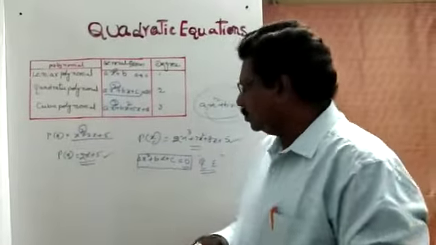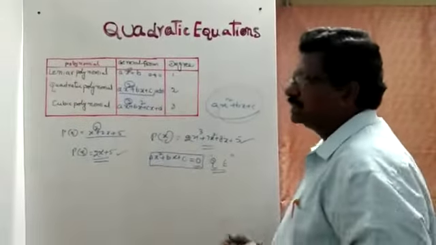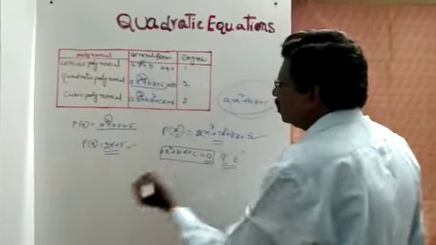So we have to discuss some more examples. For example, they give one quadratic equation.